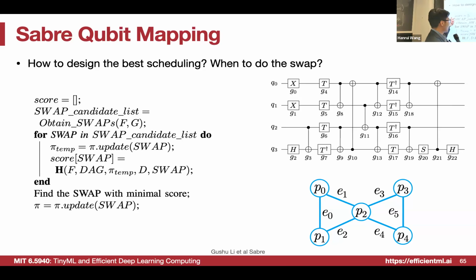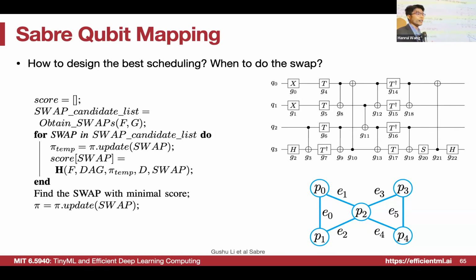So here is the basic algorithm. The basic idea is that we first do all the gates we can do, and then maybe we find one gate which is between 0 and 3, and we cannot do that. So there will be an iteration over all the swaps that can be done, right? For example, here we can swap 0 and 1, 0 and 2.